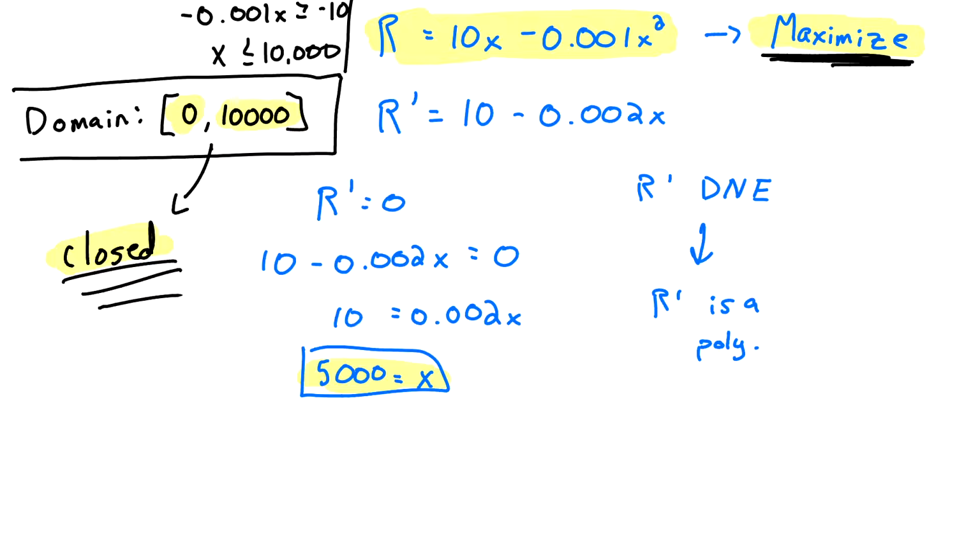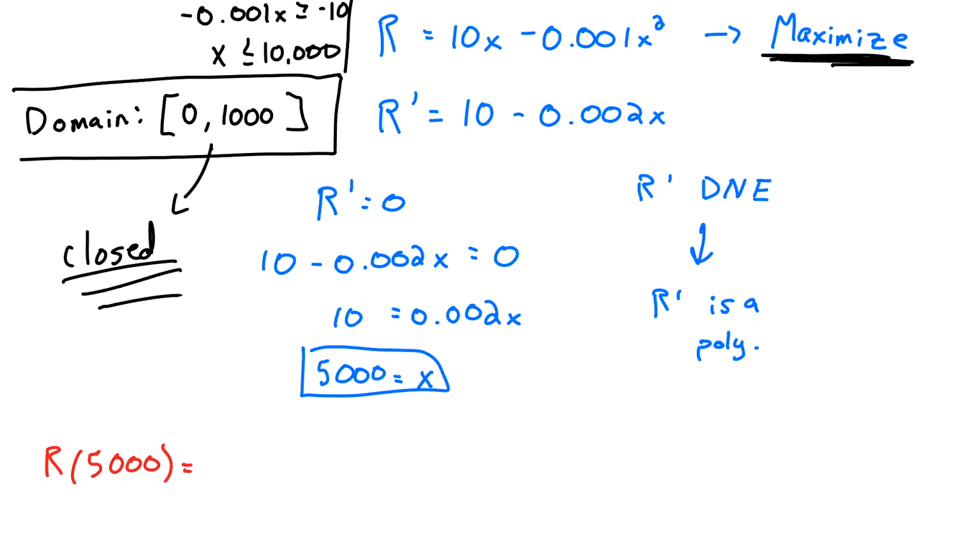So I'm going to take those 3 points that I found and plug those into my objective function, r of x. Keep in mind that's r of x, not r prime of x. We'll start with the critical number first here. We're going to say r of 5,000.